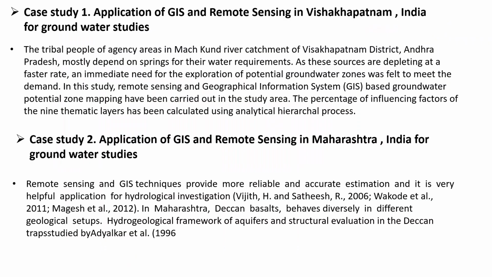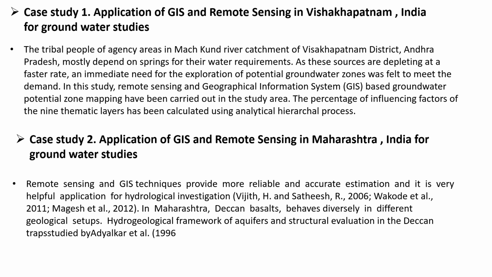Moving to the next, here is the case study: application of GIS and remote sensing in Visakhapatnam, India. In Visakhapatnam, the tribal people of the agency area in the Machkund River catchment of Visakhapatnam district, Andhra Pradesh, are mostly dependent on springs for their water requirement. As the sources are depleting at a faster rate, an immediate need for exploration of potential groundwater zones was felt to meet the demand.